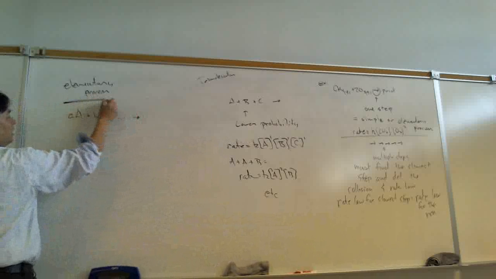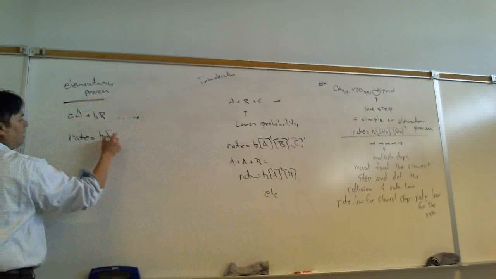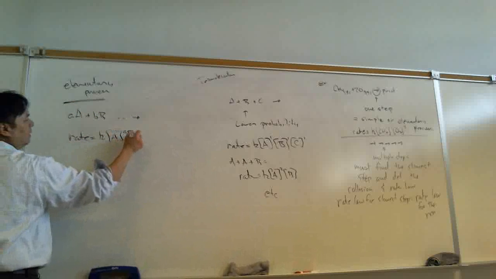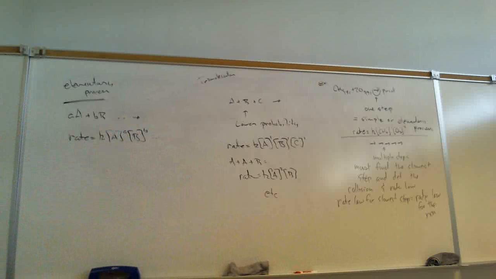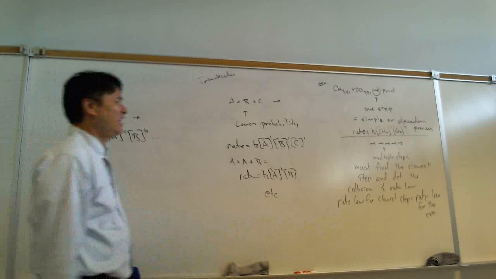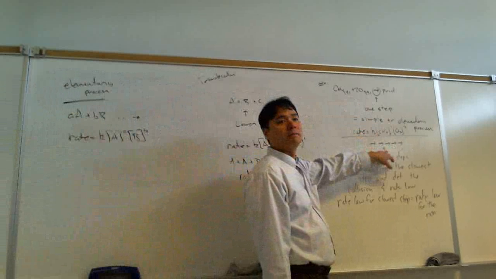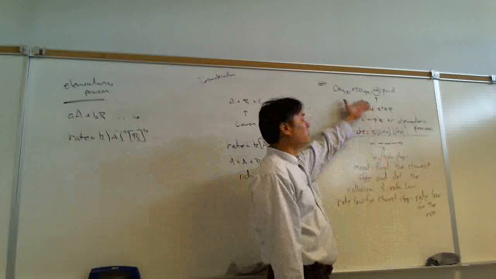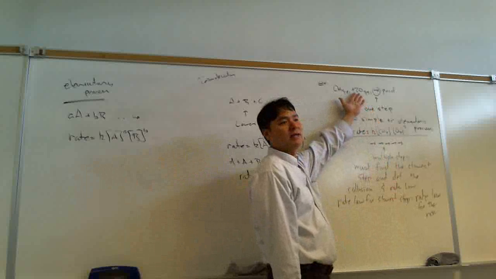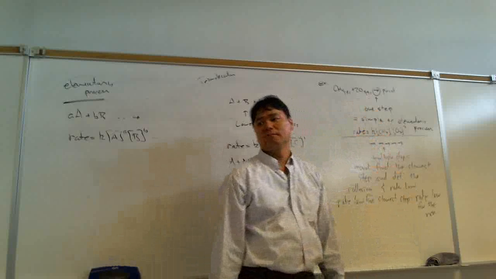If this were an elementary process, then the rate is equal to k[A] to the little a, [B] to the little b, etc. But we don't know. The whole reason why we use m and n is because we don't know if it's one step or multiple steps. Right? And so, since we don't know for a general reaction as given, then we'll just use m and n and try to figure it out from there.